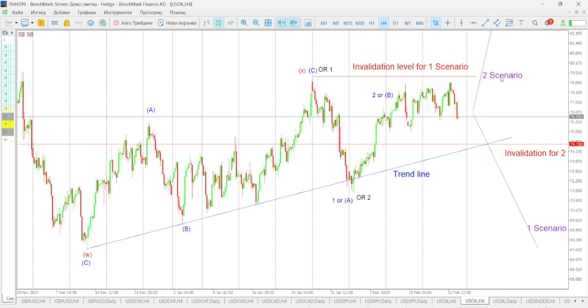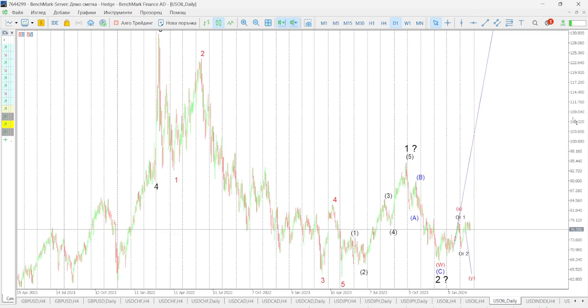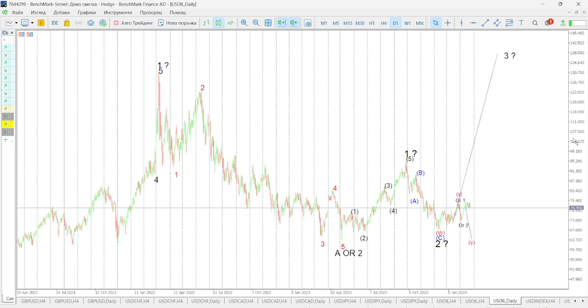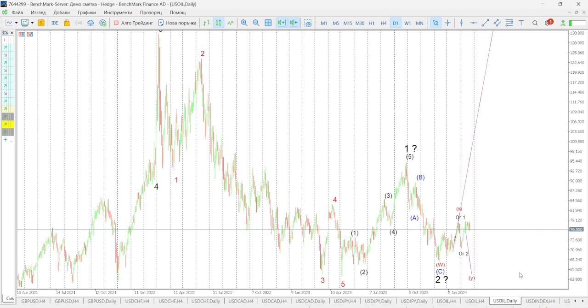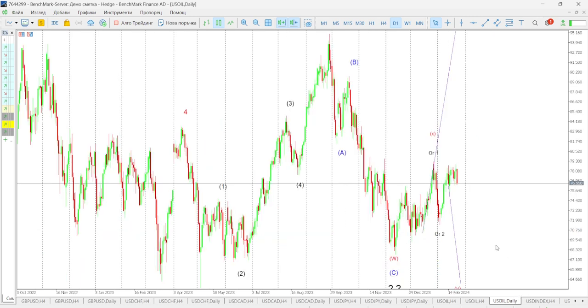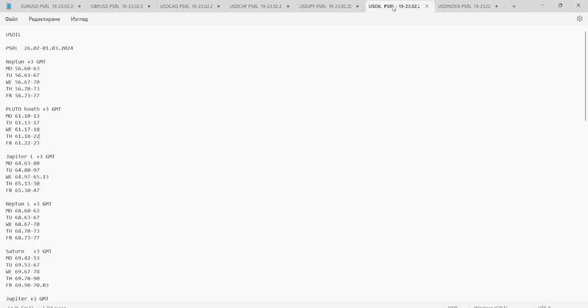And for the second scenario, invalidation should be here on this trend line. We'll see what happens. It's not clear to me for now. Okay, the lines for the next week.